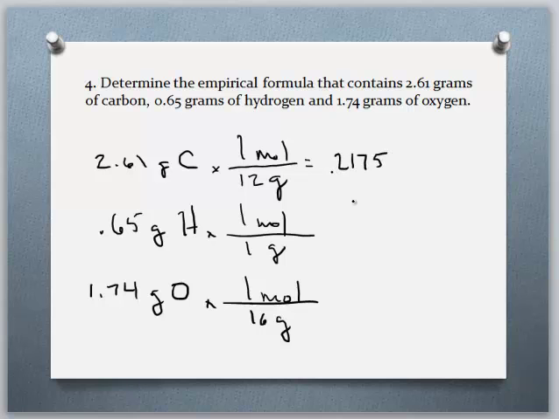And notice I'm not rounding here. 0.65 divided by 1 gives us 0.65, and 1.74 divided by 16 is going to give us 0.109. Pick the smaller of the 3, which is 0.109, and we're going to divide all of them by 0.109.